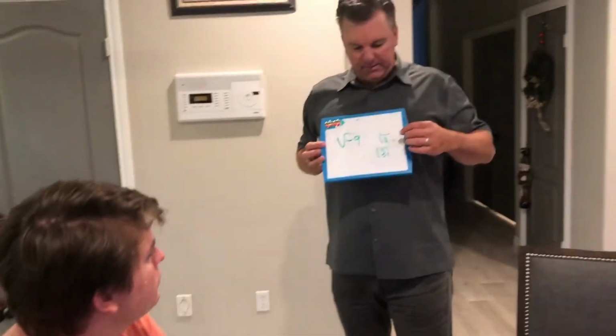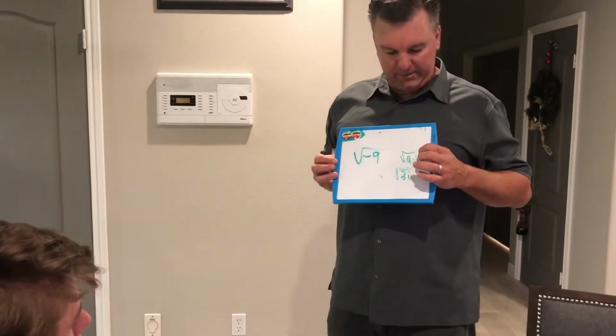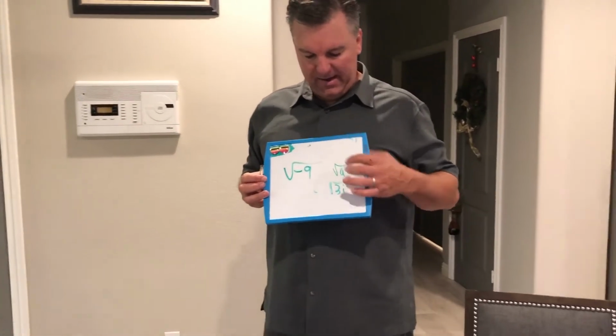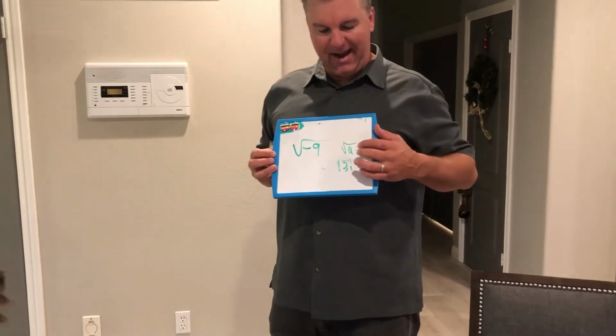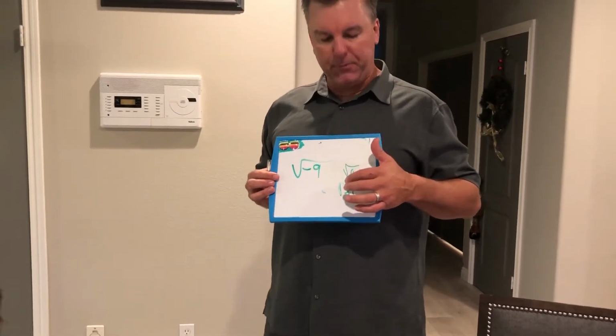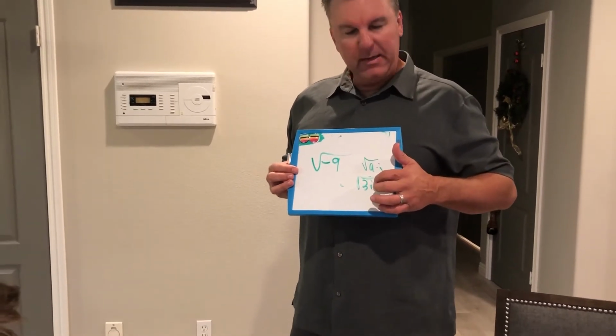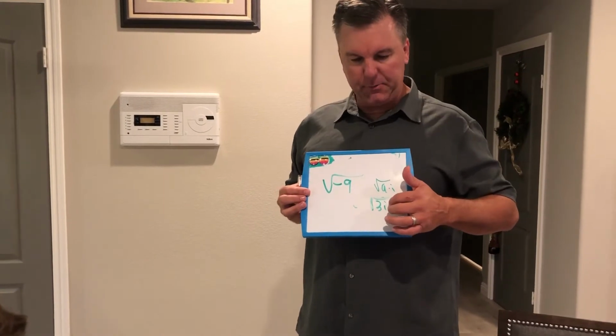What Grant did is he divided up the -9 into two components underneath the radical, which is the 9 and the square root of -1, which is i. Once we take the 9 out from under the square root, we get 3, and the i is left over, so the square root of -9 is 3i.